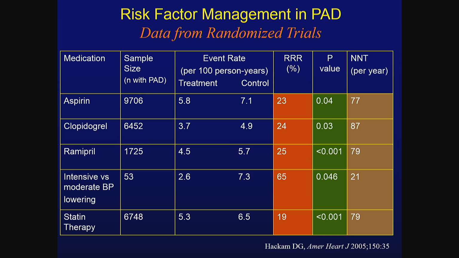Aspirin, clopidogrel, ACE inhibitors, blood pressure lowering, and statin therapy with LDL lowering have all been well established to be effective in managing patients with peripheral artery disease and reducing both the limb outcomes as well as cardiac and cerebrovascular outcomes.